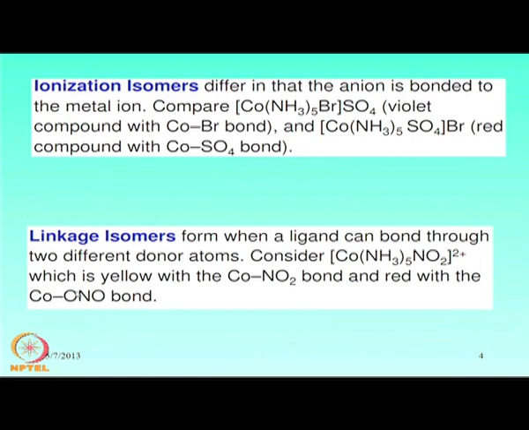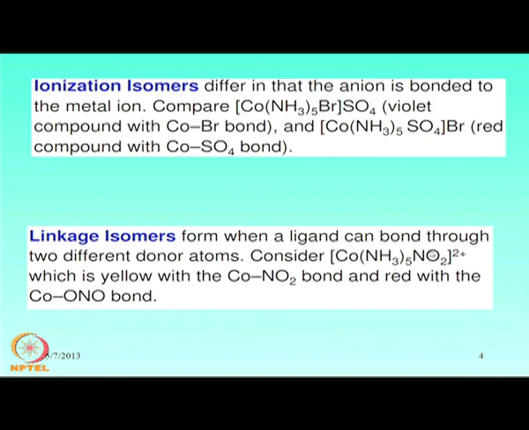The second category of this type of isomerism is linkage isomers, when a ligand can form a bond through two different donor atoms. Consider the binding of the nitrite group to a compound similar to hexaamine cobalt 3 chloride.